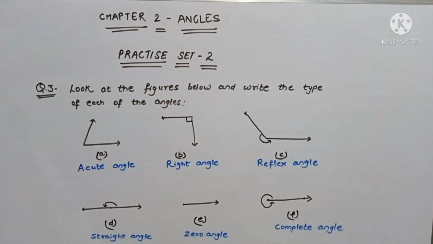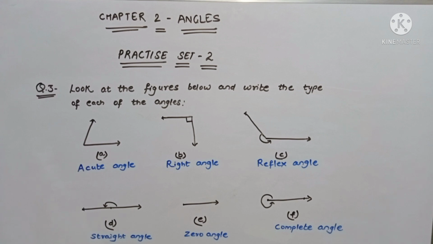The next, C. It is a reflex angle. As the arrow shows, it is more than 180 degree but less than 360 degree. So the angle is forming from the opposite direction. It is a reflex angle. Now D, starting from 0 to end, it is forming a straight line, so it will be known as a straight angle.